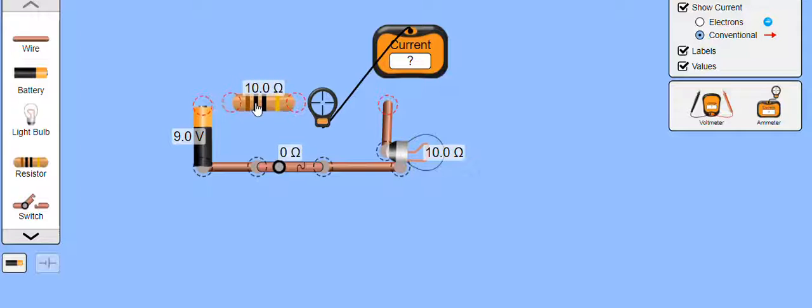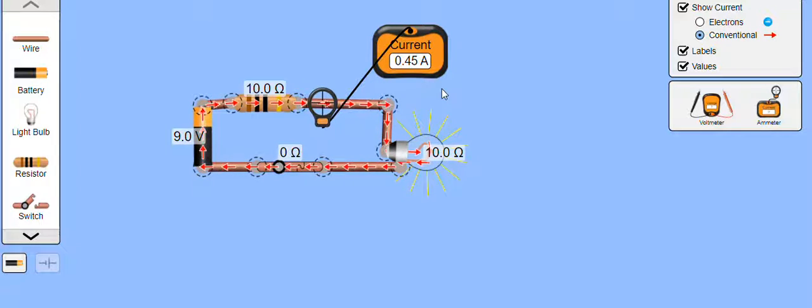I am going to connect this 10 ohm resistance. Okay, I have completed the circuit. Now you can see that the value of current becomes half. Why is it?